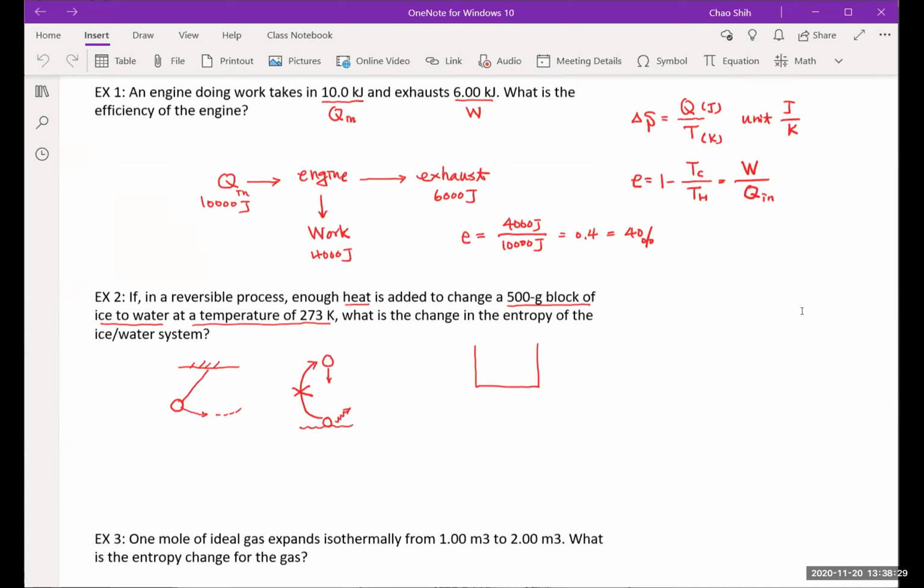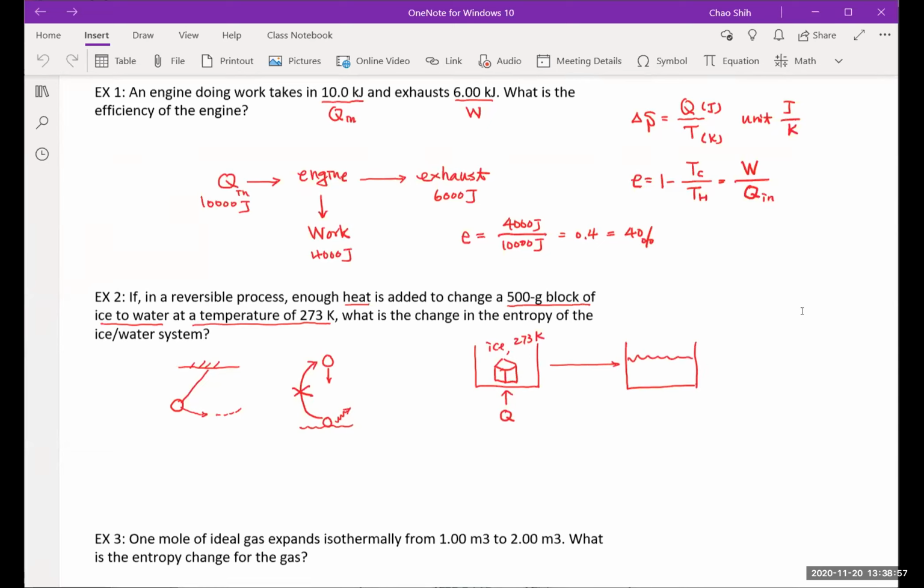I have a container, an isolated container, and I have a block of ice here. This is ice, and the ice is at 273 Kelvin. And I add heat into this one here, and I will make this block of ice become water.